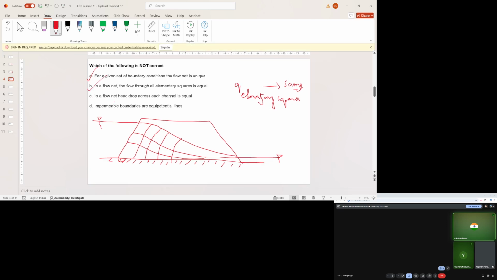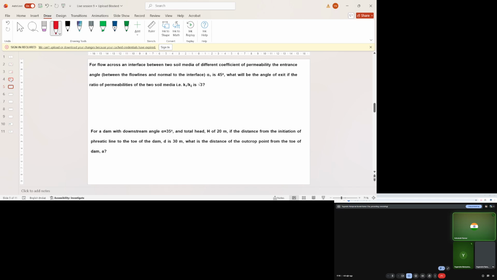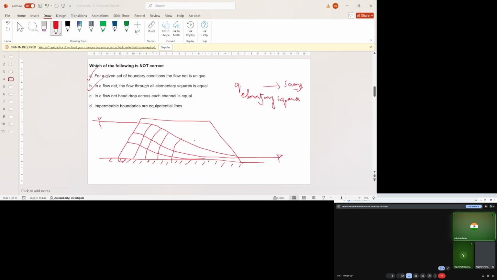In a flow net, head drop across each channel is equal. So that is what we create. So we divide this entire flow net into flow channels, right?